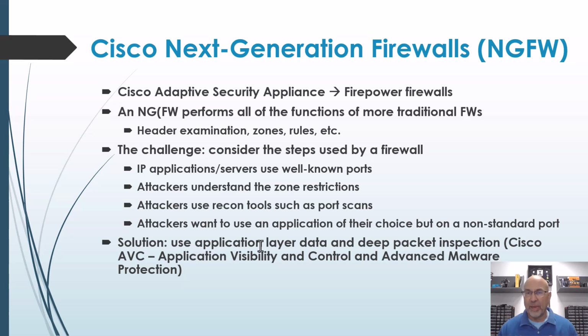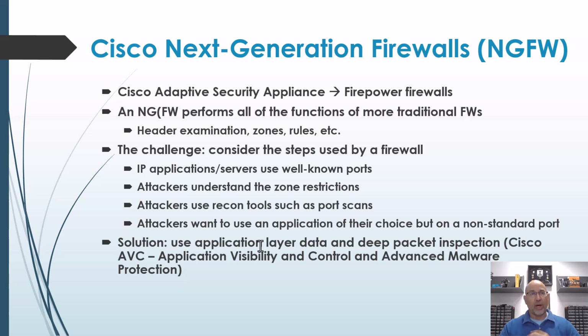Okay, so the basic challenge faced by a firewall when it's trying to prevent user access or bad guy access is that all the applications that we use, web servers and mail servers and all of that, they use well-known ports. They're easily identifiable targets. Attackers also understand the zone restrictions that are typically employed by firewalls.